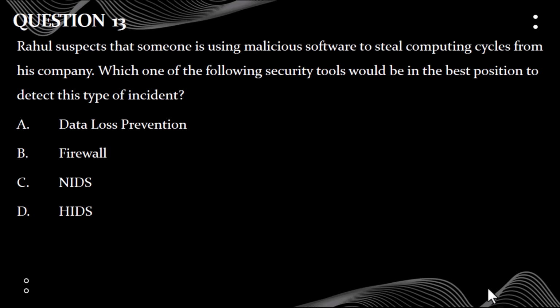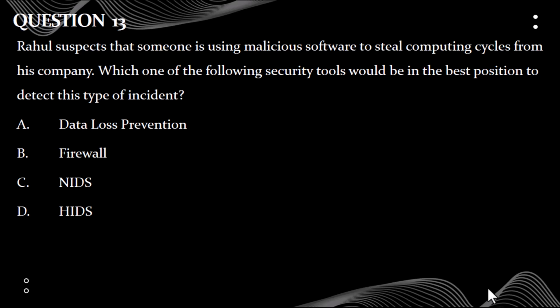It only focuses on protecting sensitive data from unauthorized access or exfiltration. A firewall controls the incoming and outgoing network traffic based on predetermined security rules. The NIDS, Network-Based Intrusion Detection System, monitors network traffic for suspicious activity. While it can detect certain types of malicious activity on the network, it may not be able to effectively detect the misuse of computing resources on individual hosts.